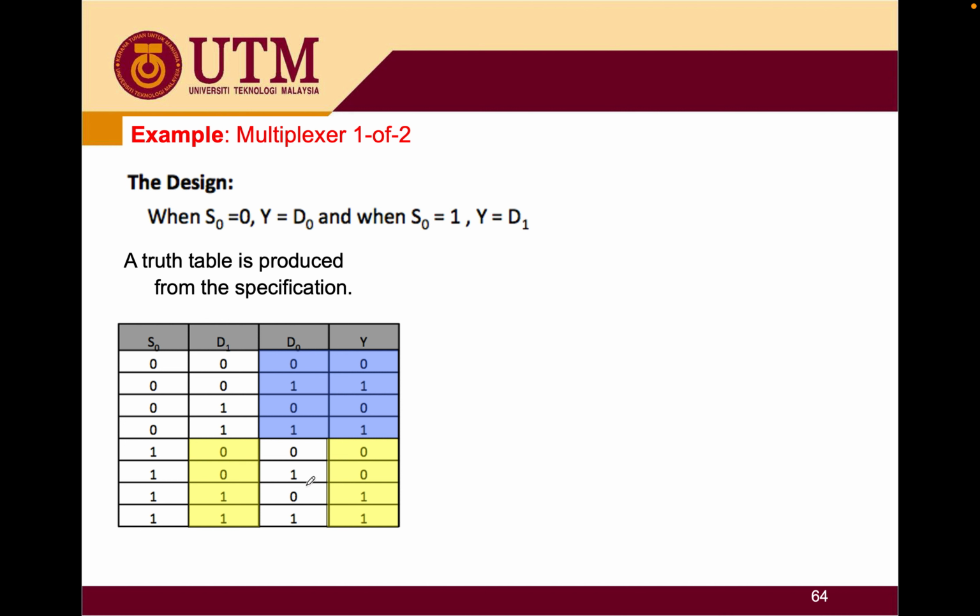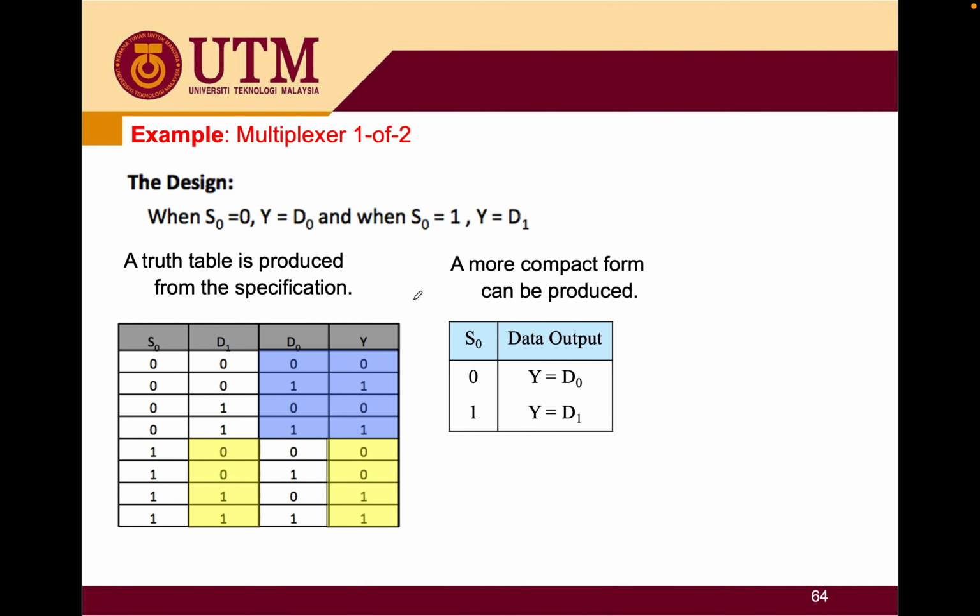From the data input, this is your output. 0, 0, 0, 0, 0, 1, 0, 1, 0. This is similar to what you always do. And from here, you're going to look into the scenario given for your MUX 1 of 2. That's why you will come out with this truth table.